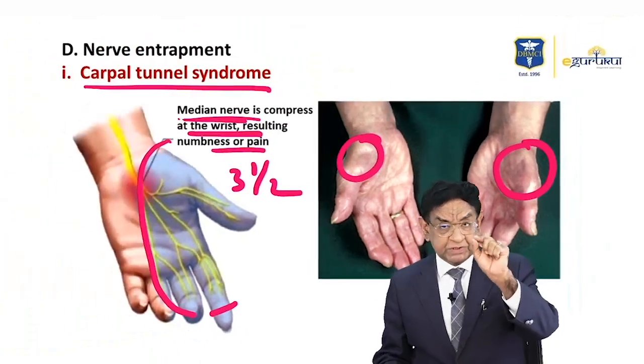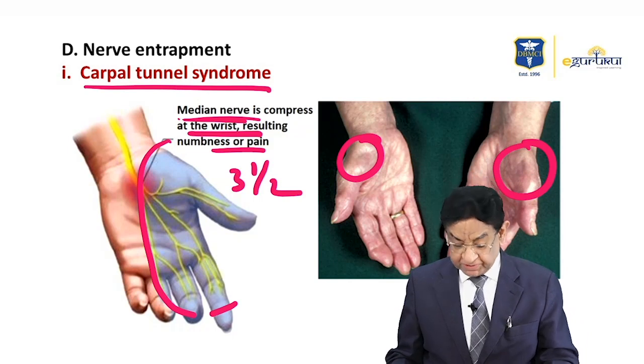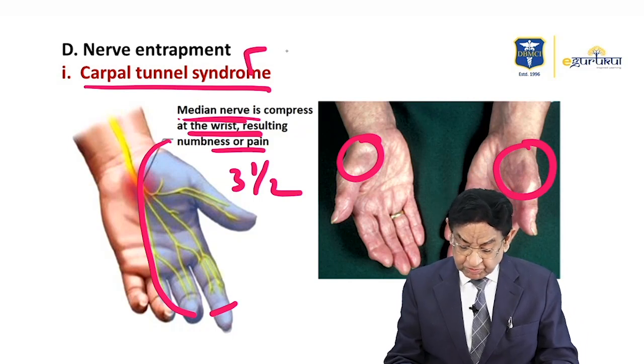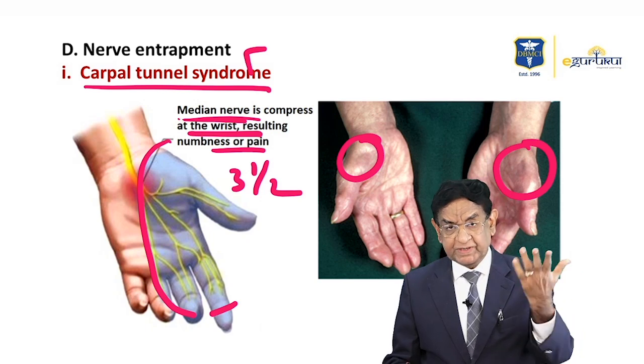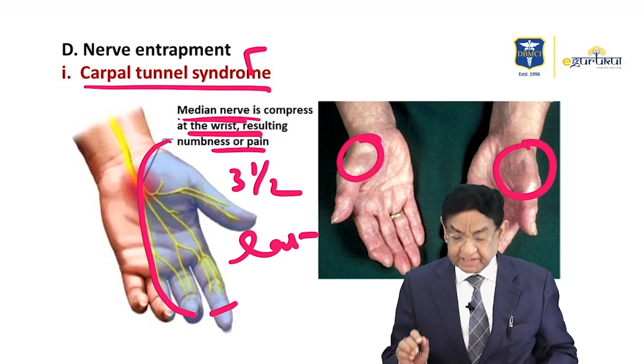If you get a question like this, you are dealing with carpal tunnel syndrome. Which nerve is involved? Median nerve. Which area? 3.5 lateral aspect, and thenar atrophy.